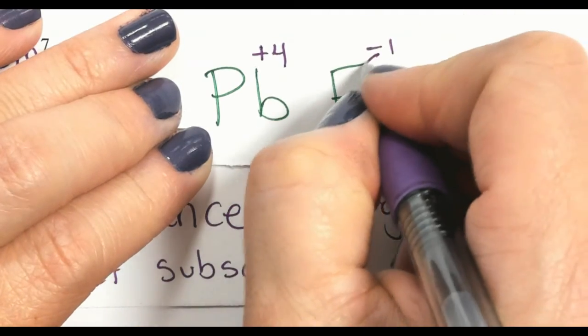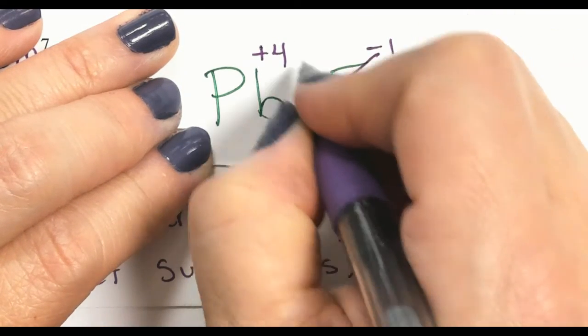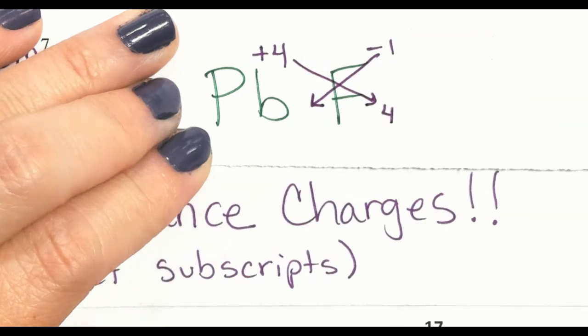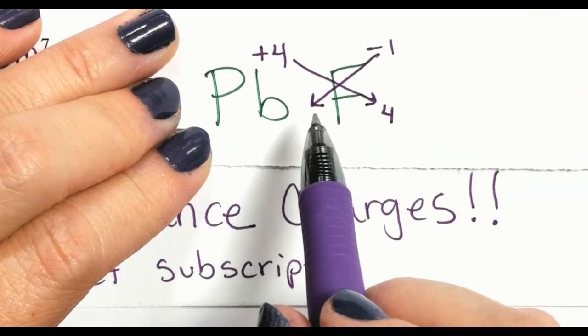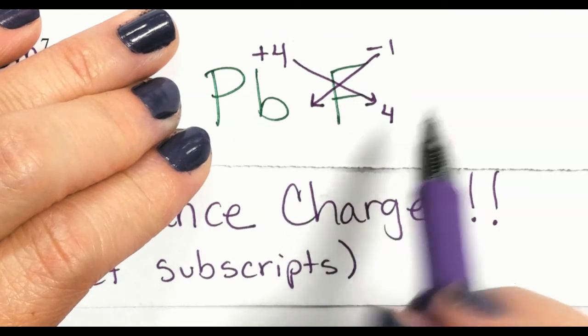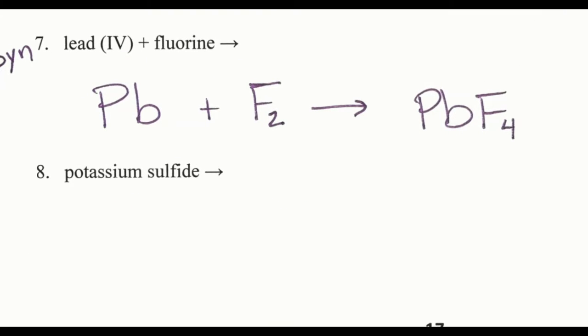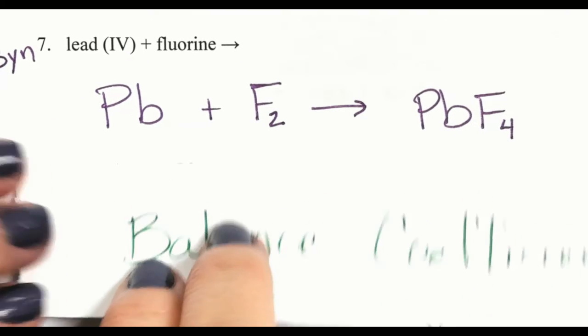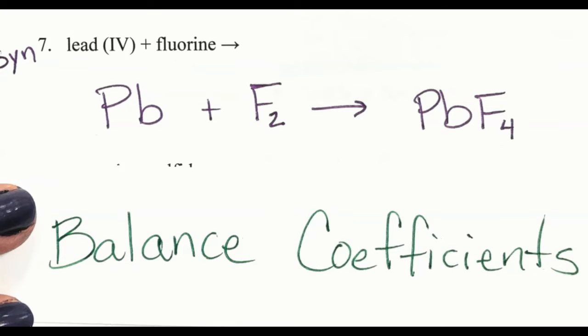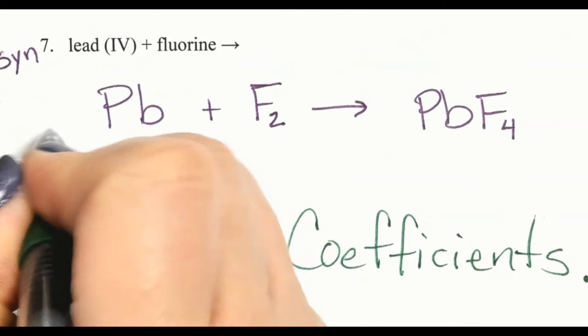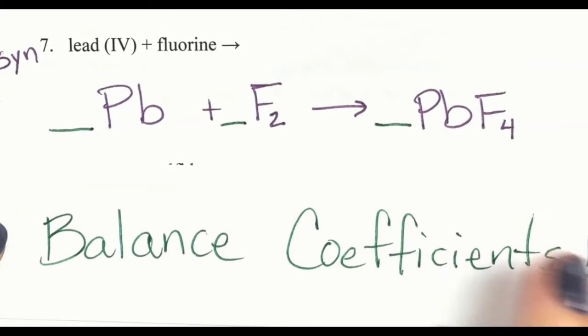Now we'll crisscross. Subscript of 1, subscript of 4. Remember, we don't write 1s, so it's going to be PbF4, and so this will be PbF4. Finally, we want to balance the coefficients, and so I'm going to draw my blanks in front, here, here, and here.